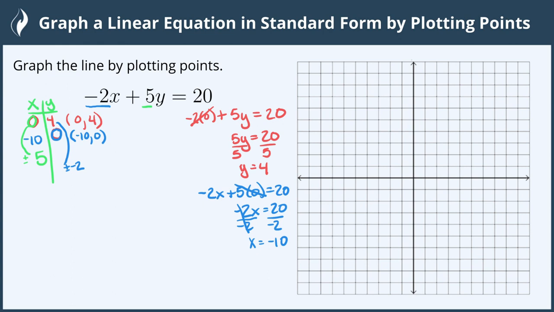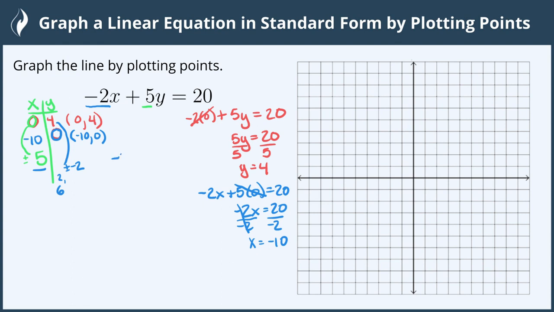So I'm going to pick the number positive 5 for my next coordinate. Either way, it doesn't matter. So we could do the plus 5 because we added it to 0, or if we add or subtract the negative 2, we could have substituted in positive 2, or we could have substituted positive 6 in for the y coordinate and solved for the x. Either way works perfectly fine. So I'm just picking the 5.